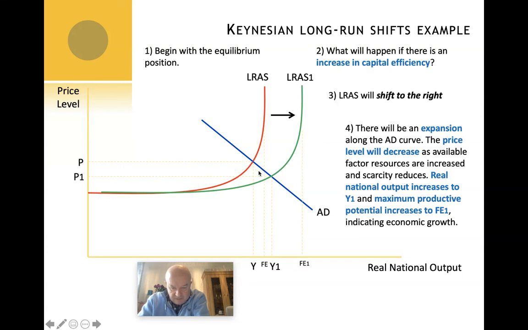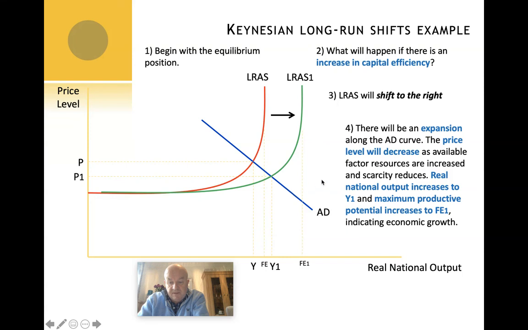So in that case, we've got this increase in aggregate demand. We would now be at a new level of production at Y1, and also our price levels would fall. If you think about that, we've increased our productive capacity, and that's improved our efficiency, and as a result, we are able to produce and supply at a higher rate, and clearly where prices fall, aggregate demand will also increase.